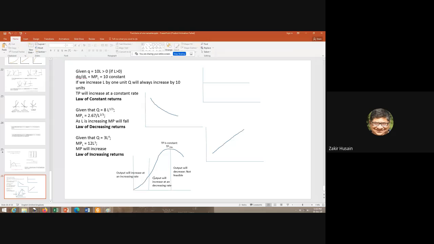If we label these zones 1, 2, 3, 4, we can see that in zone 1 and 2, marginal product will be positive. In zone 3, what is marginal product? It is 0.